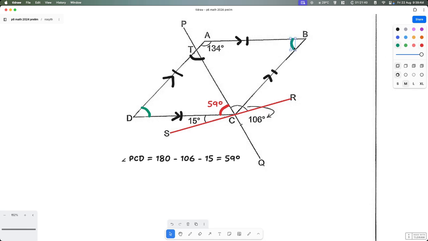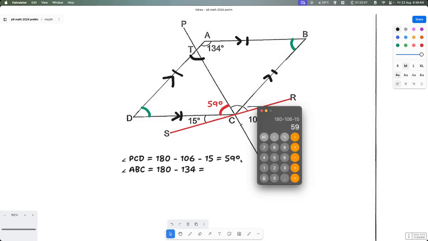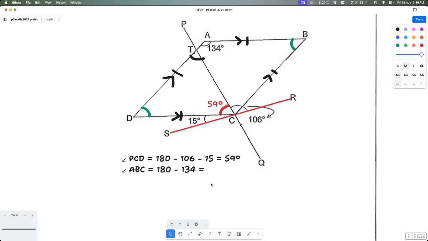Next thing is you want to get this green angle. So since we know DAB is 134, so that means angle ABC is equal to 180 minus 134. Okay, and this is equal to 46 degrees.